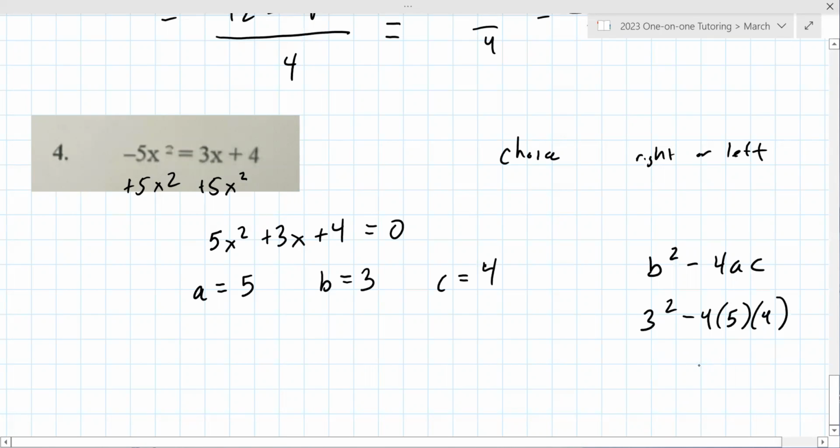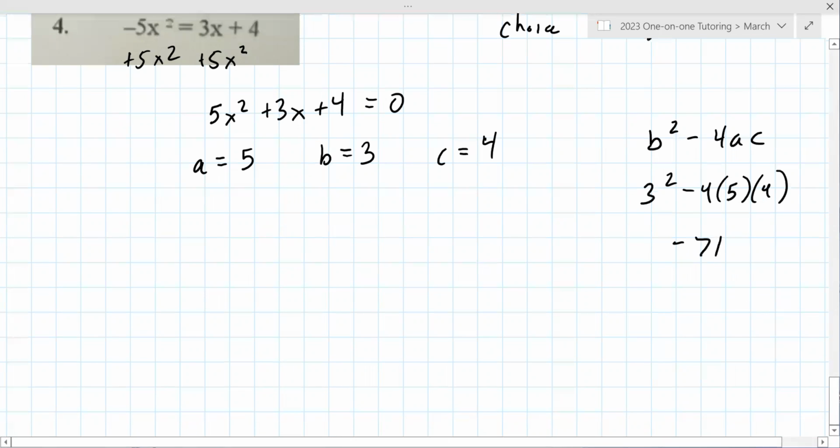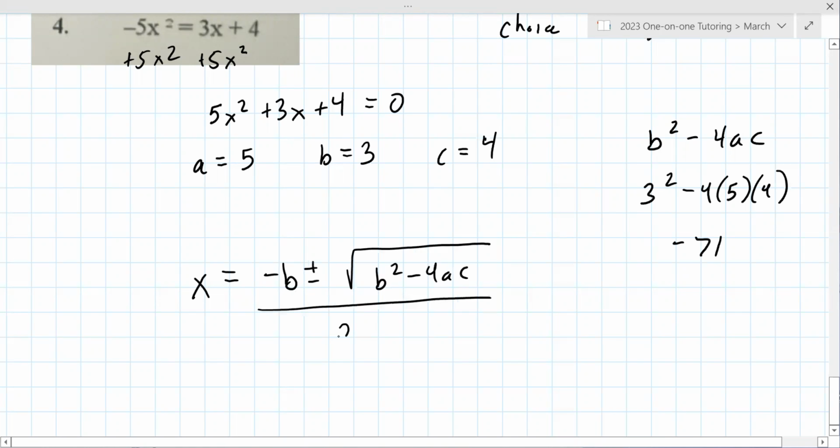Yes. So this is negative 80, negative 71, you said. Okay. All right, now let's keep going here. X equals minus b plus or minus the square root of b squared minus 4ac all over 2a.